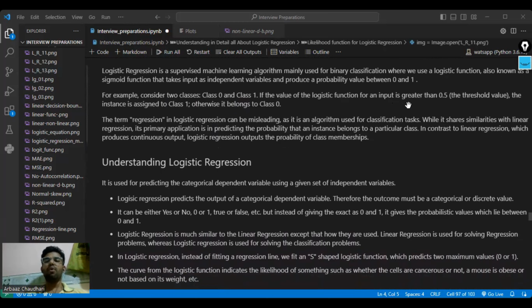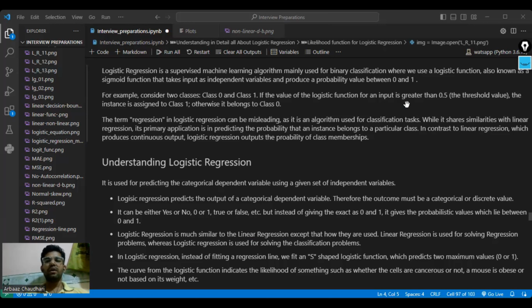The threshold value is the point where we decide that on one side of this number it will be class 0, and on the other side it will be class 1. In general our threshold value is taken as 0.5, but in fine tuning you can adjust this number; in the first place we use 0.5 as our threshold value.